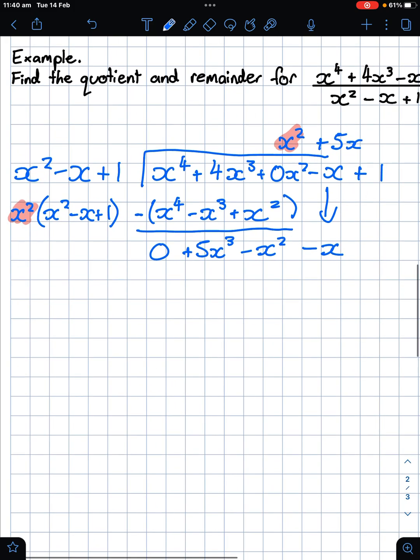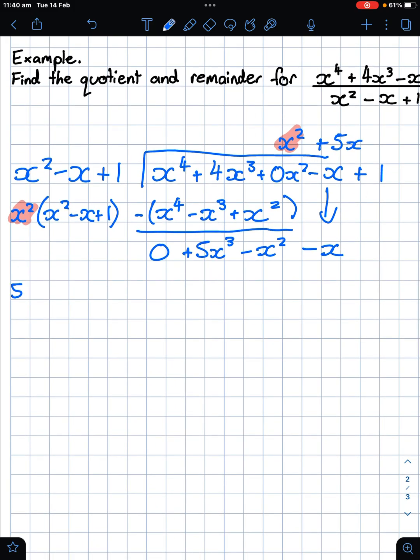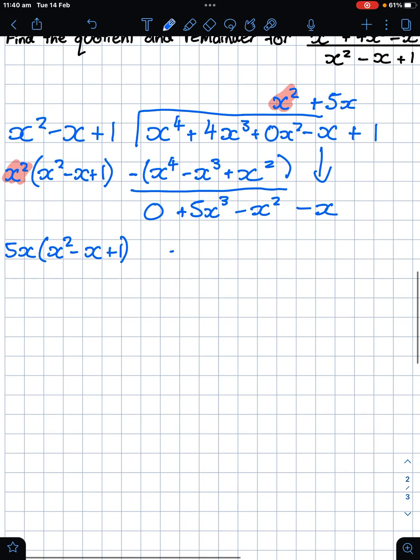All right, so next term down here, we've got 5x times x squared minus x plus 1. This is going to give us 5x cubed, then minus 5x squared, so 5x times negative x, and then plus 5x.